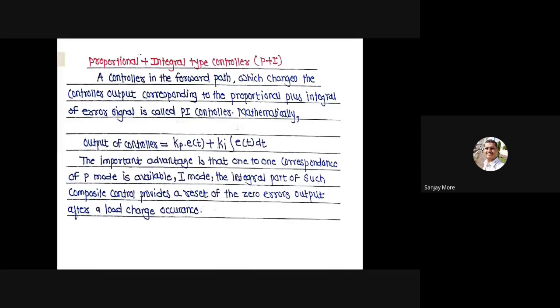proportional plus integral type controller, in bracket PI controller. Give the heading proportional plus integral controller, in bracket P plus I controller.